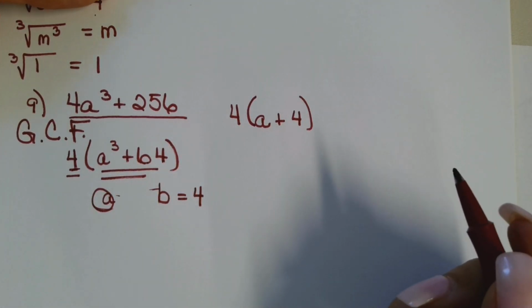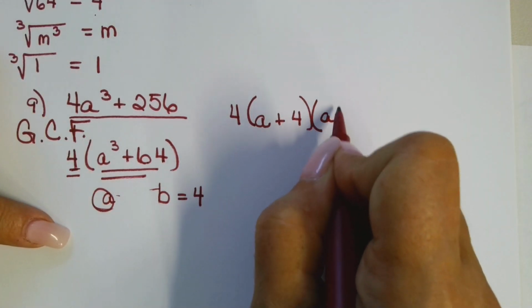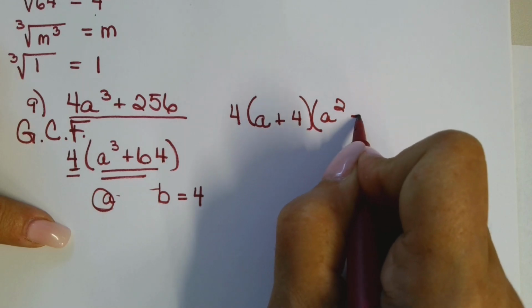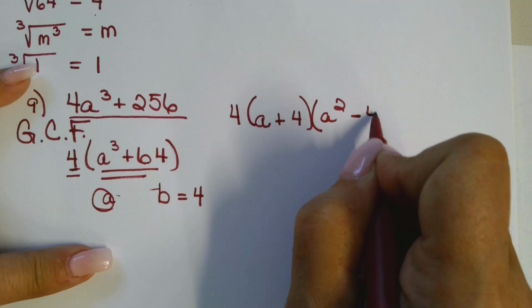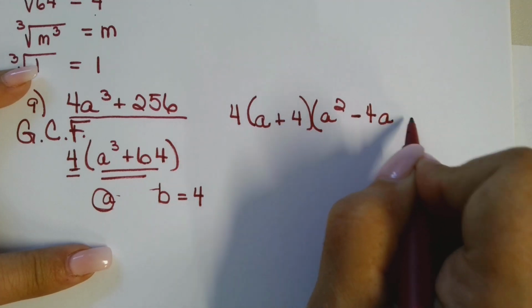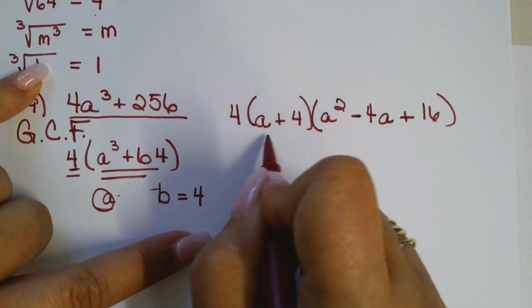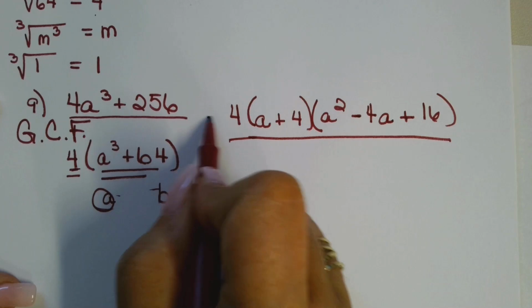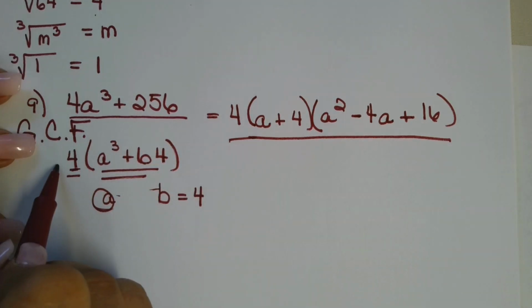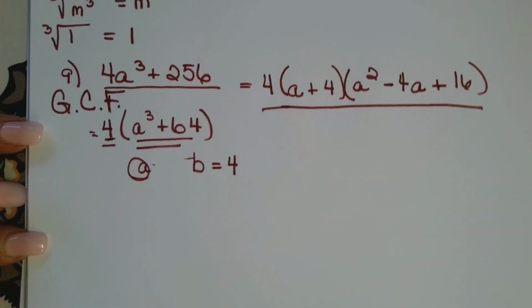So it's 4 times a plus 4, and then we have a squared minus a times b, which is just 4a, plus 4 squared, which is 16. And that is your answer. Please do not forget the 4 that we pulled out. That is very important. That is the complete factoring.